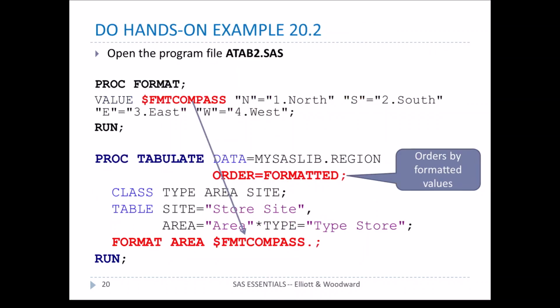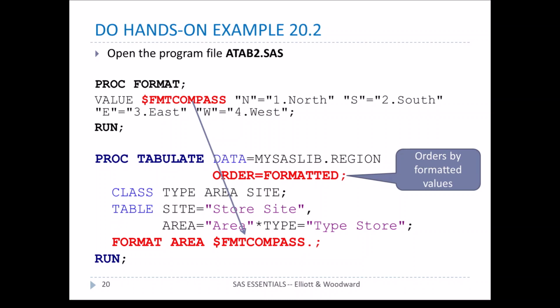So let's look at how we would do that. Let's open up the program file called atab2, and we'll notice at the top of this file we have this PROC FORMAT that we've just discussed, which is defining the compass north, south, east, west items. And then we have a PROC TABULATE, and we're going to include ORDER=FORMATTED. If you remember from previous uses, that's going to display the data in the formatted order.